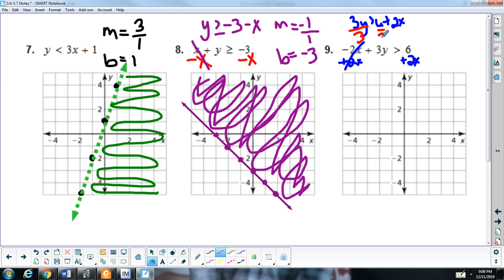When we divide everything, I would end up with y is greater than 6 divided by 3 is a 2. Plus 3 doesn't go into 2 evenly, nor does it reduce. So I'm just going to leave it 2 over 3x.